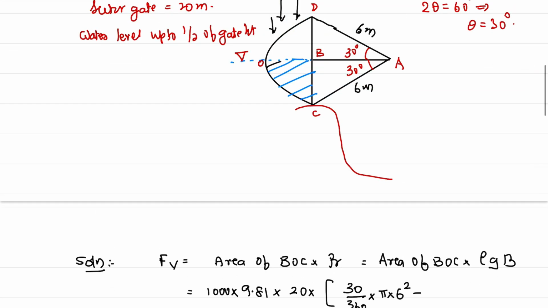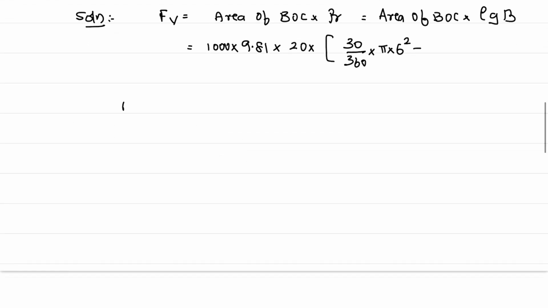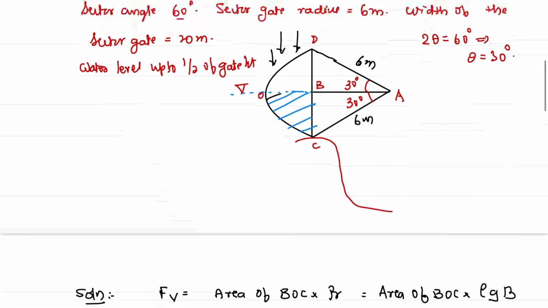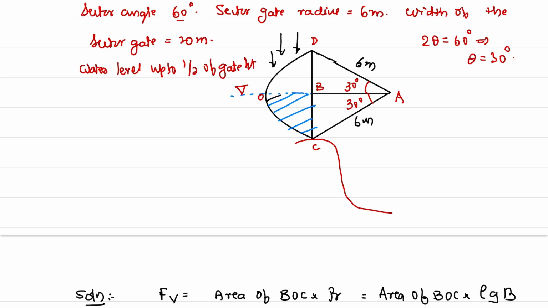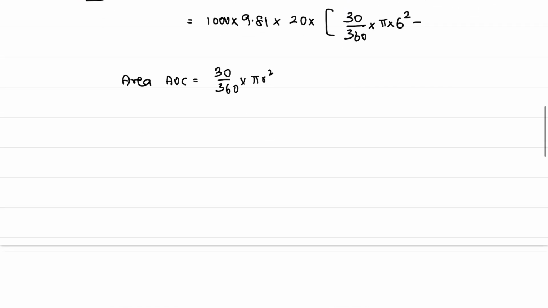So that we will get the area OAC. Area OAC is equal to 30 by 360 into pi r square. And we require only area BOC. Area BOC is area OAC minus area BAC.